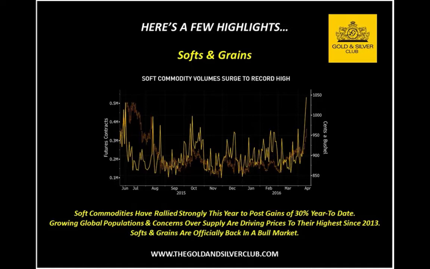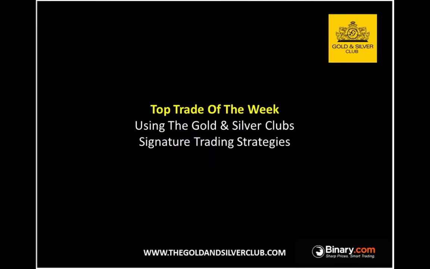And we're seeing, again, global populations growing and concerns over supply, all driving prices higher. And these markets tend to not be so heavily affected negatively by the Brexit vote, which is coming up next Thursday. So a lot of traders have repositioned their portfolio into commodities and out of equities and out of Forex, which you've certainly been seeing over the last week.